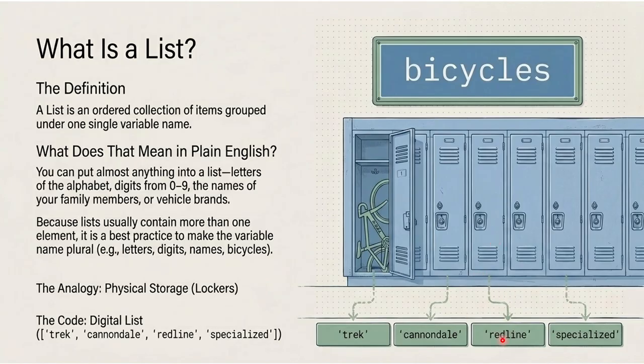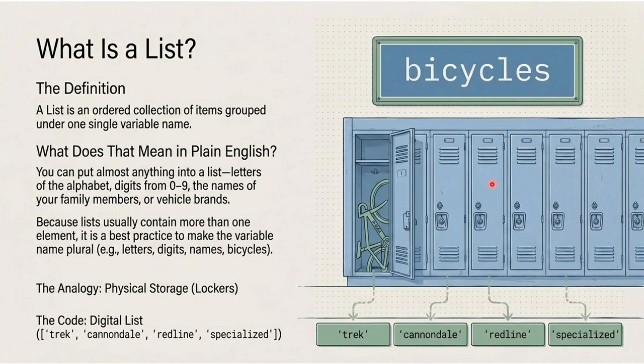Suppose you want to find the Redline bicycle. You know my Trek bicycle is at the first cabinet, Cannondale is at the second cabinet, and Redline is stored at the third cabinet. So that positioning is essentially the index.